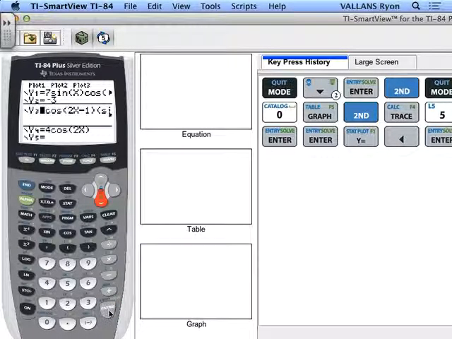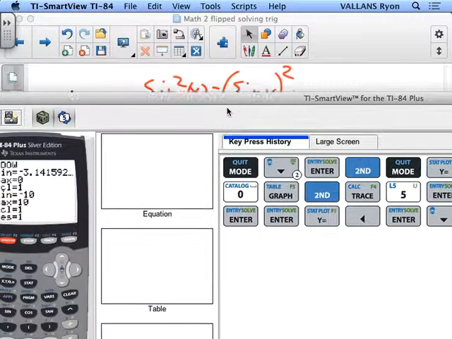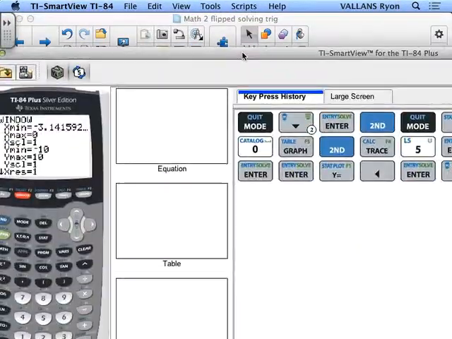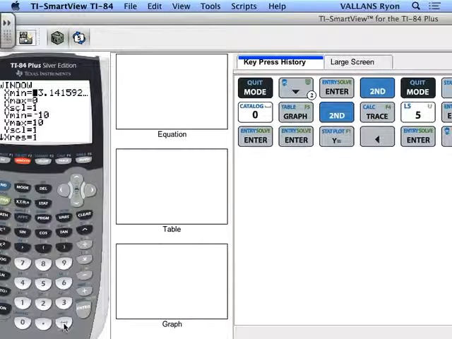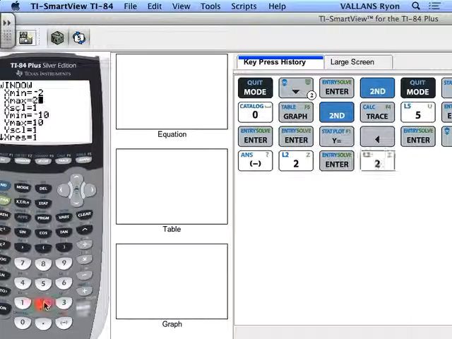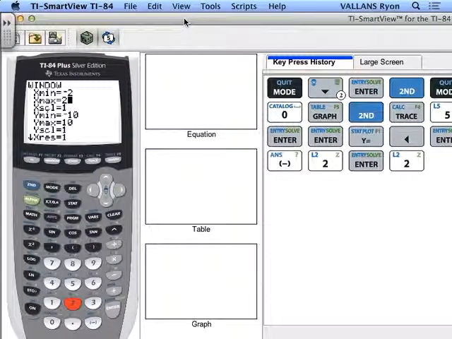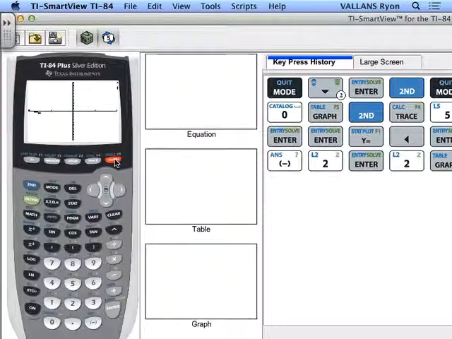Now the next two, highlight. Already typed that in. Window, I got to go from negative 2 to 2. So negative 2, enter 2. Graph on that.